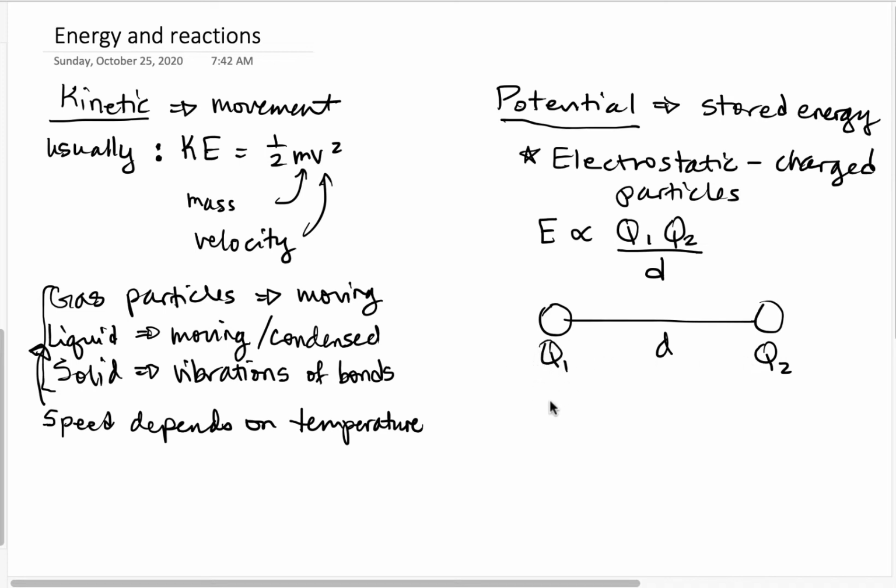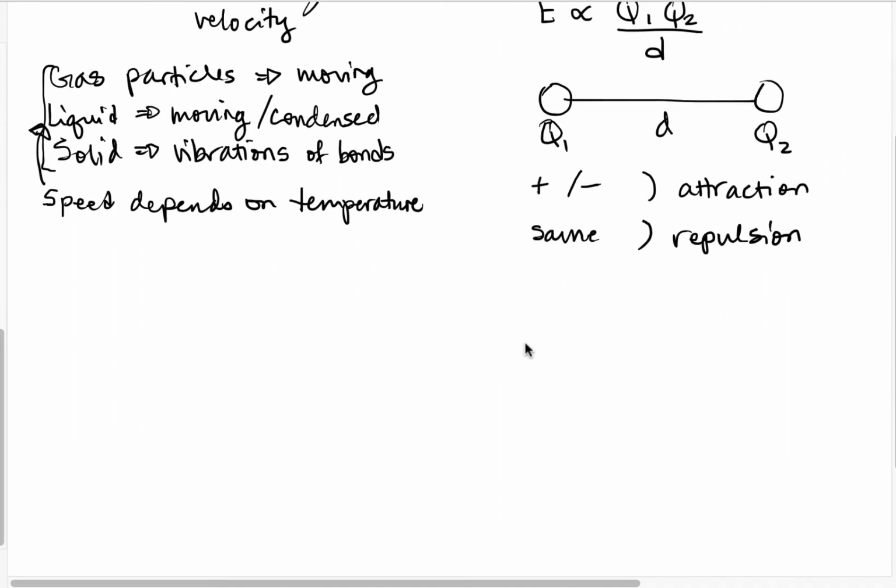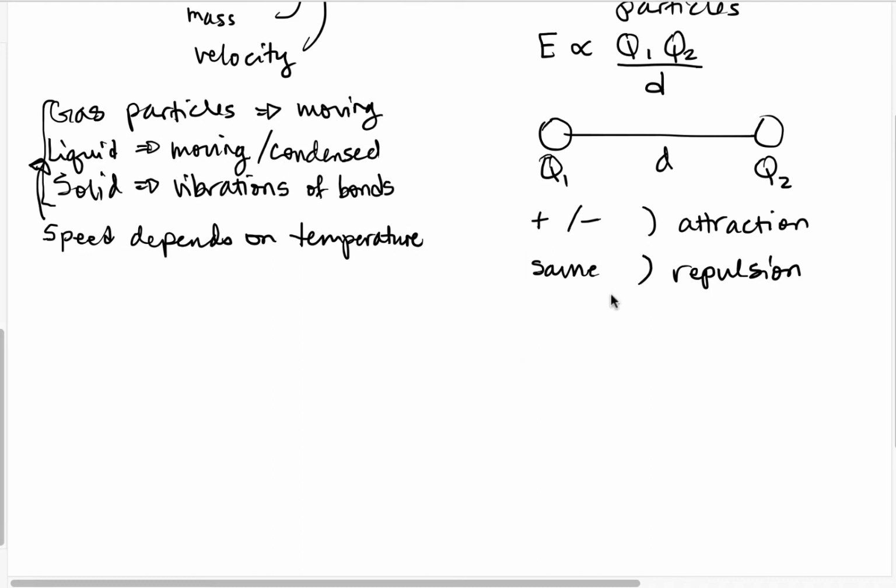If they are oppositely charged, then this would be an attractive force, and if they are the same charge, then this would be a repulsive force. So when we look at potential energies and Coulomb's law here, better label it.